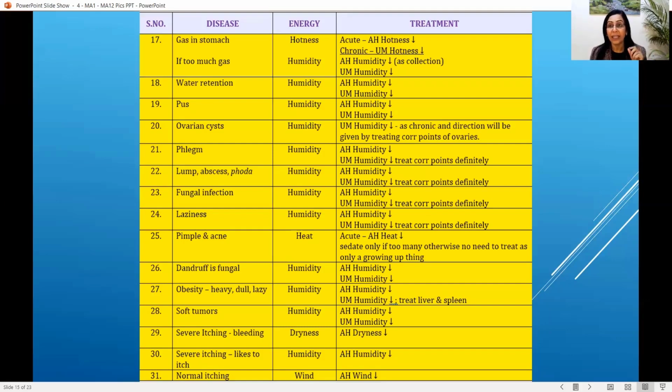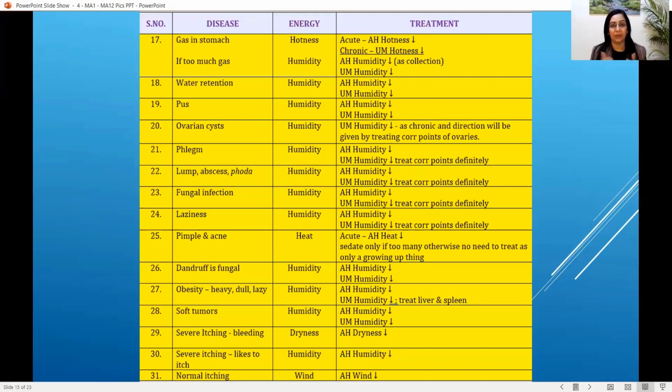Then any kind of fungal infection. Now, fungal infection is also humidity related because it is caused by humidity. So that also can be treated by humidity sedation. Then laziness. Humidity energy is the first of the descending energies, and one characteristic that it has is lethargy and laziness.